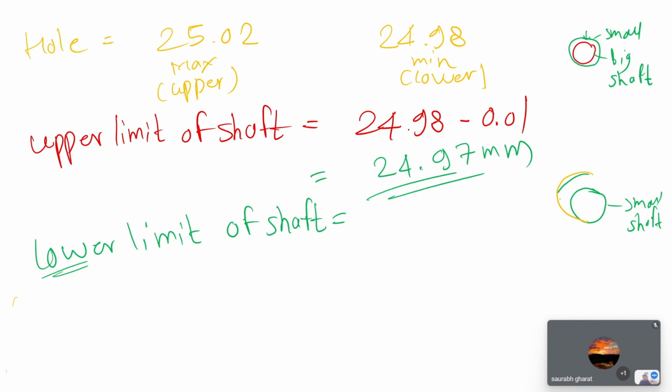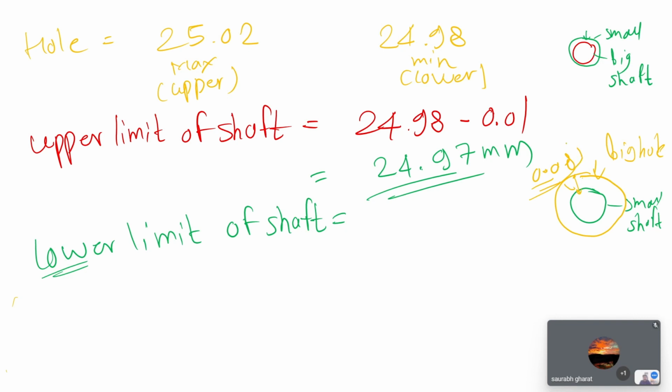Consider this is a bigger hole, and this gap should not be more than 0.08. So it can be 0.08, but should not be more than this part.